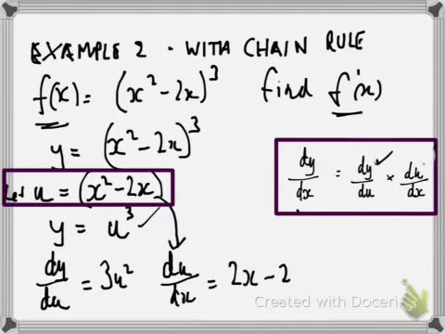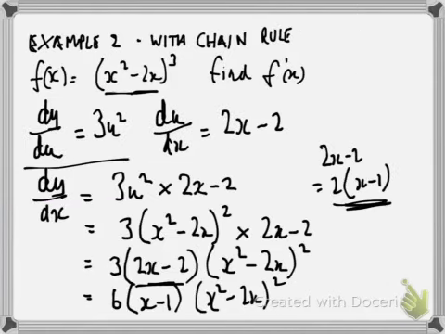Then we get dy/du and du/dx. Okay, dy/du is the derivative of the y expression here. du/dx is the derivative of that u expression. Once you've got those two things, you multiply them together. I then substituted back for u again, so 3u squared becomes 3 times that bracket squared, and then some tidying up at the end, and I arrive at the answer.